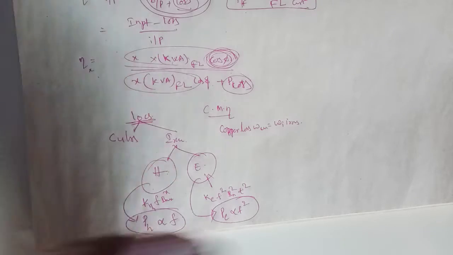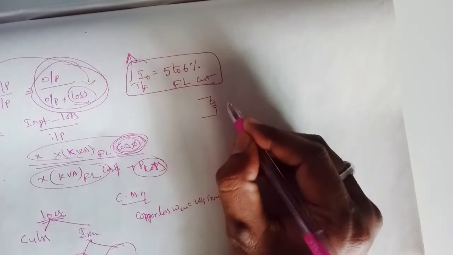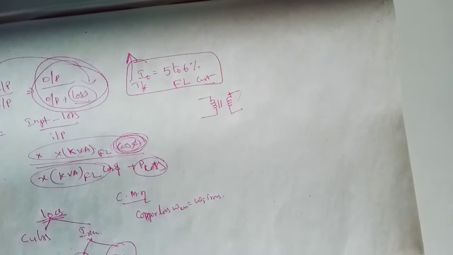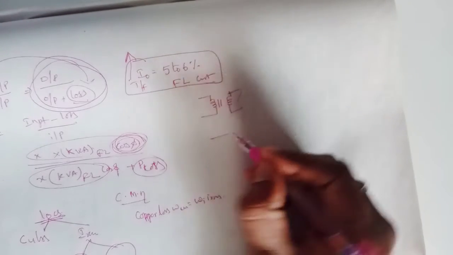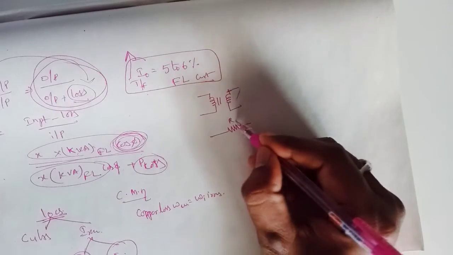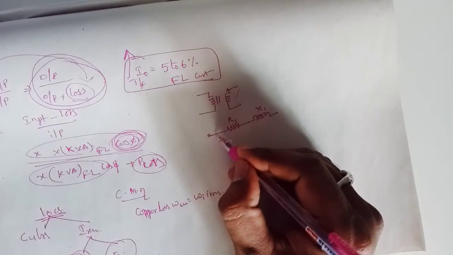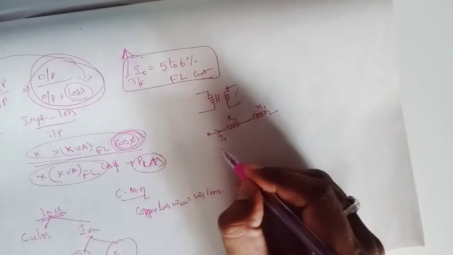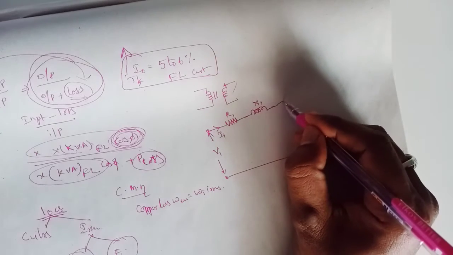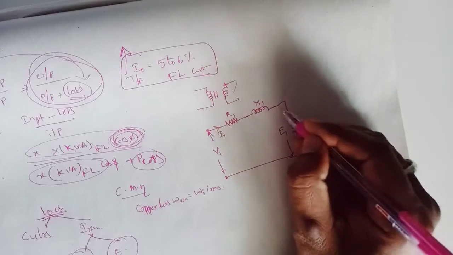Now take the basic equations of a transformer. You all know this is the primary winding, the core, and this is the secondary winding. For the equivalent circuit of the transformer, on the primary you have resistance R1, reactance X1, the primary current I1, and the terminal voltage V1. In the winding the EMF induced is E1.